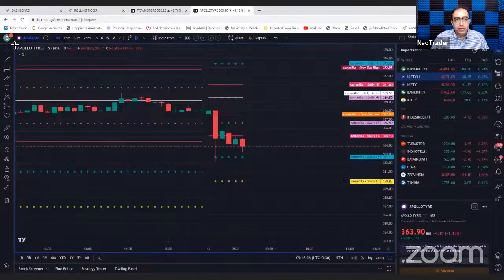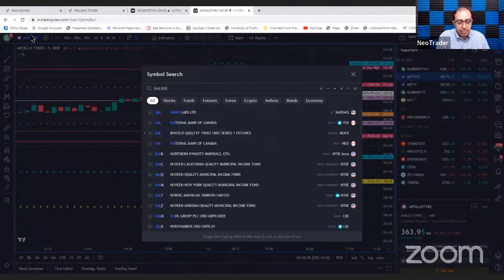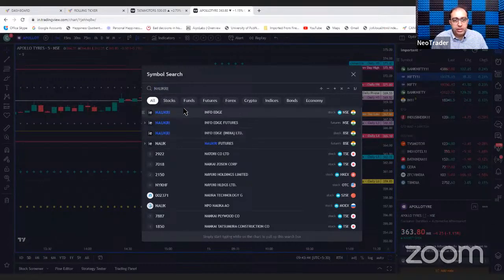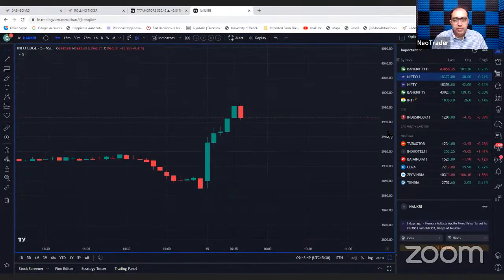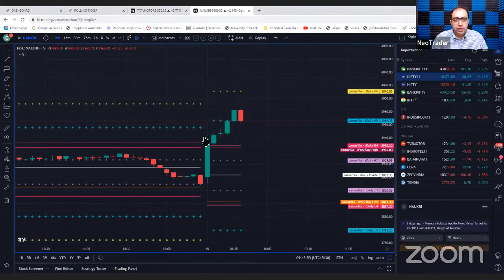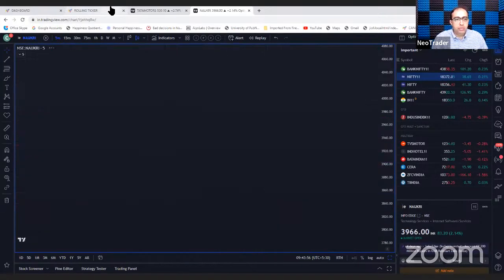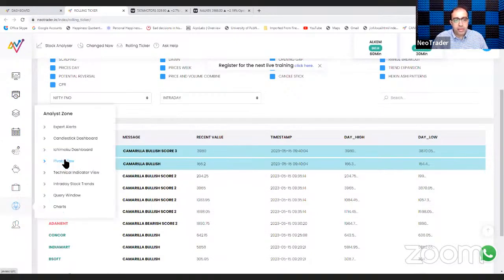So what I'll do is I'll go here and I will type in Naukri because it's already appeared as a bullish candidate, and I can see that Naukri started moving. Okay, you can see here it's moved above this one, and right now it is going up. Now there is also one more page which we have for the Camarilla, where there is a dedicated Camarilla page.